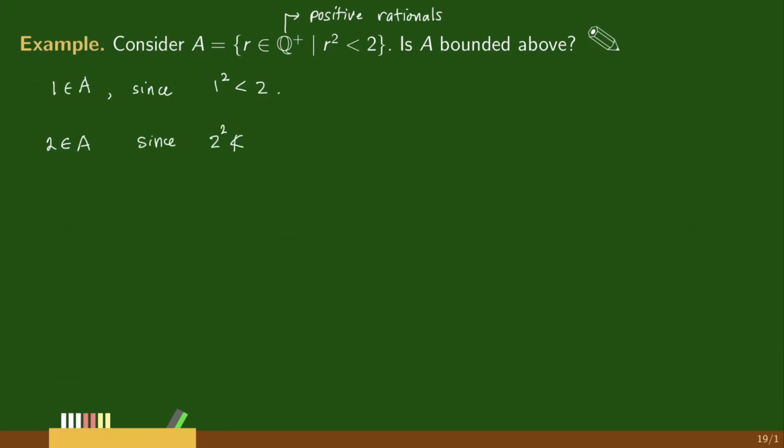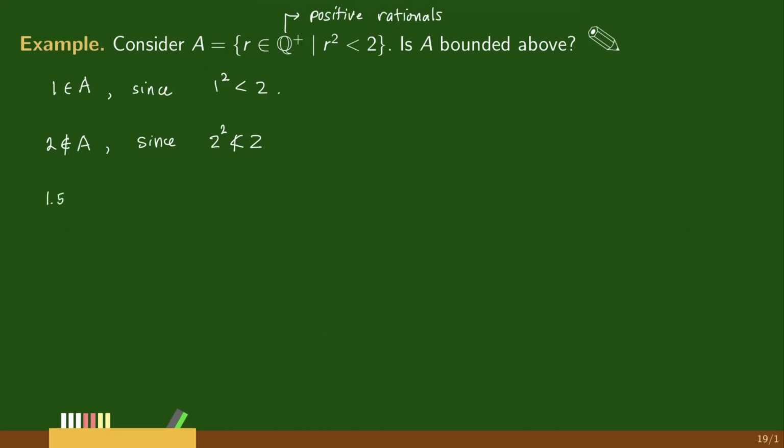Diba? 2 squared is already 4 and it's not less than 2. So 2 is not an element of A. So sabihin, we have overestimated, kung meron mang maximum or supremum. Sabihin, lumagpas tayo. Kumbaga si 1 nasa A, pero si 2 wala na. So medyo pumunta tayo sa gitna.